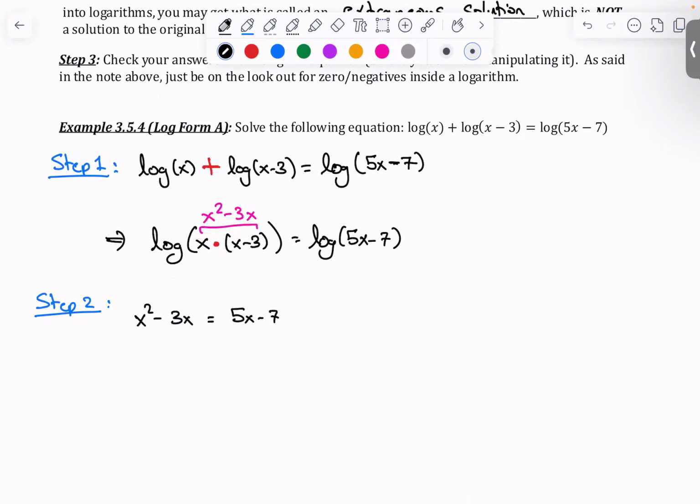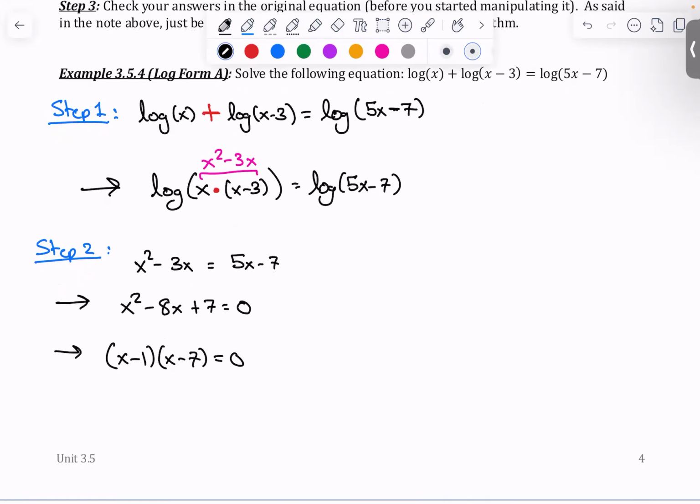We need to bring everything to one side, factor, and find the solutions. So we'll subtract the 5x and add the 7 to both sides and get x squared minus 8x plus 7 is equal to 0. Well, that factors nicely to x minus 1 times x minus 7 equals 0.